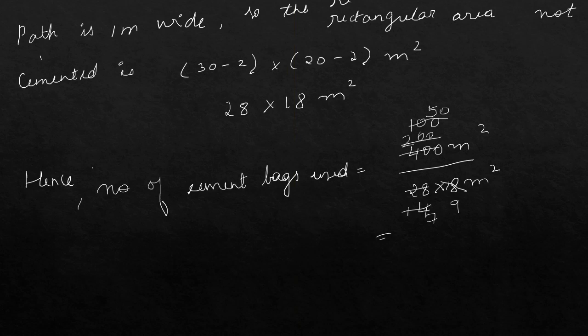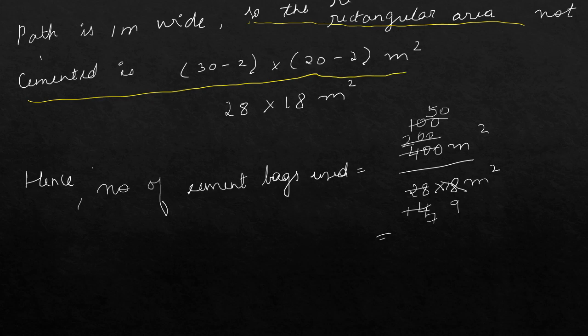Okay, path is 1 meter now. Path is 1 meter wide. So the rectangular area not cemented is 30 minus 2 and 20 minus 2 meter square. That is 28 into 18 meter square. How did we get this 2? 30 we know is the length and 20 is the width.